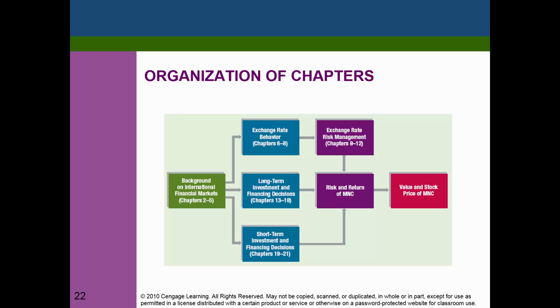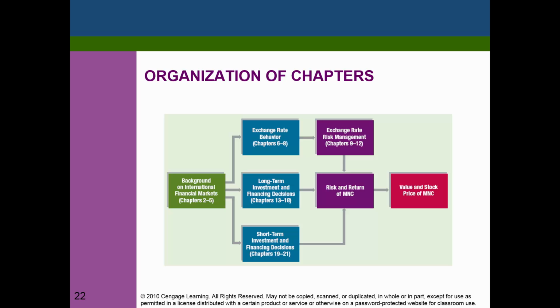Okay. Now, what is the structure of the remaining chapters? So what we see here is that initially we're going to talk about the big picture. Today we talked about some of the reasons why companies go abroad. We talked about the ways in which you can set up their business, and we also talked about the agency problem. Okay.